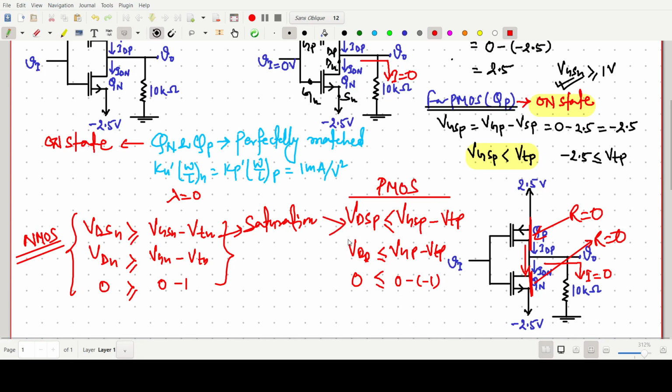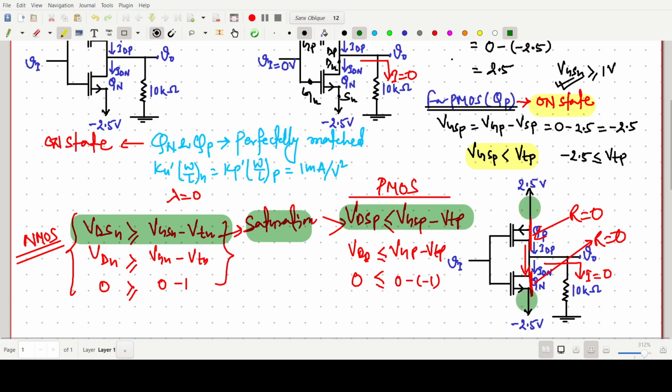Both have the same condition, so both are in the saturation region.